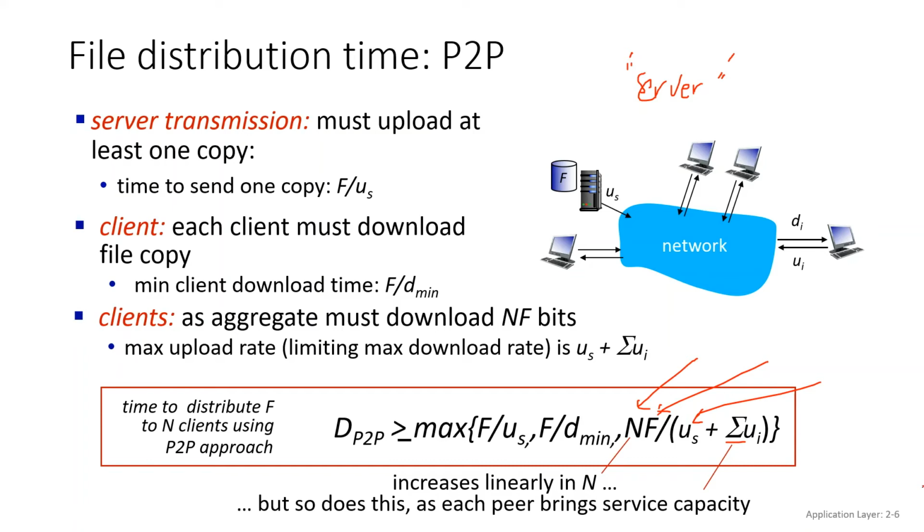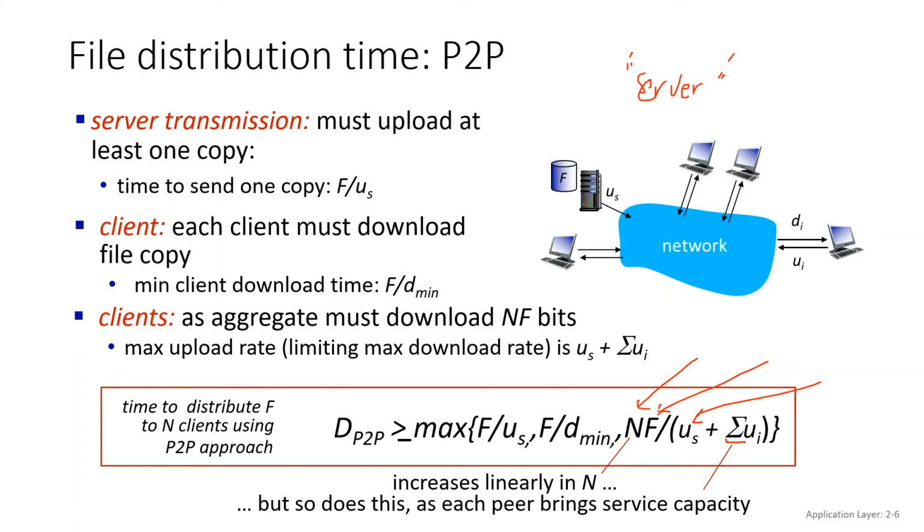So if you have 10 computers, the summation of all the other upload rates in the network of the different computers that actually do have the file. Very, very, very important. Let me clear this, right?